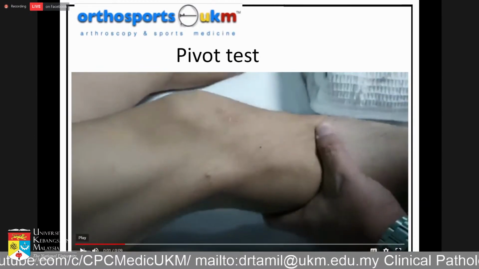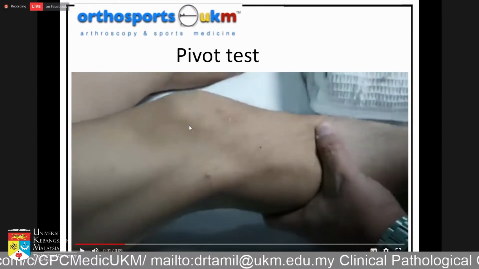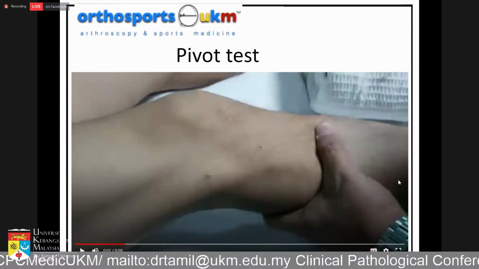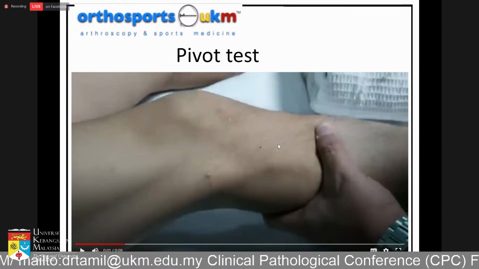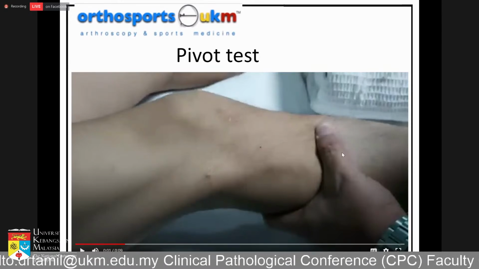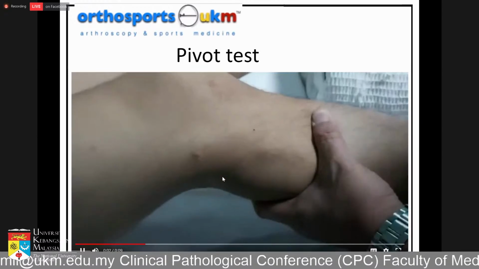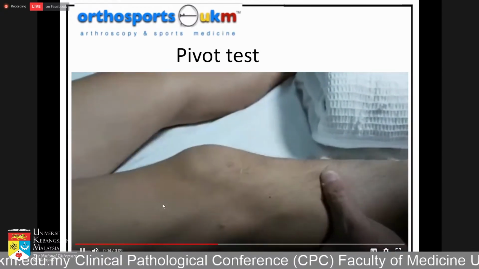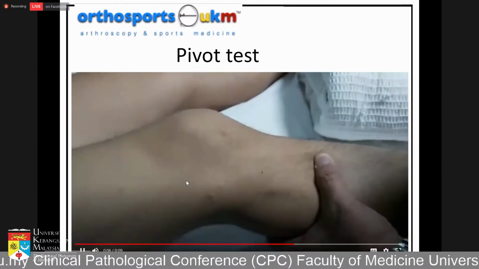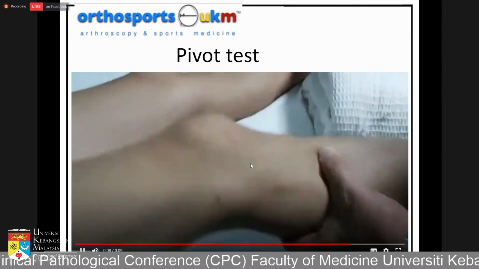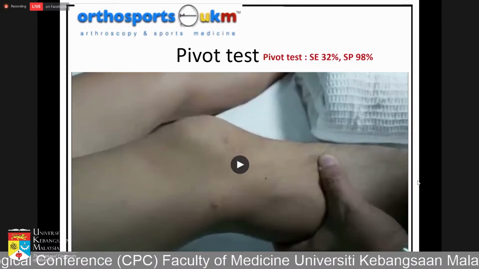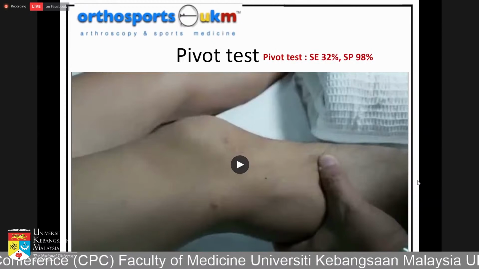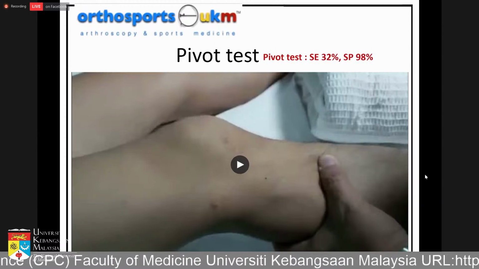We hold the limb in full extension, we internally rotate, and we apply a valgus and axial load. Then as we flex the knee about 20 to 30 degrees, you can see the tibia is subluxated posteriorly. This test has the highest specificity, which is 98%.